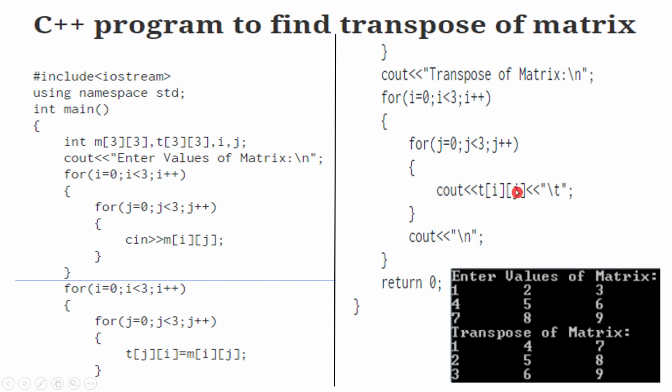That means t[i][j] is calling out. So whatever we saved in t[j][i], we just called out as t[i][j]. So the transpose will be printed out. Like 1, 2, 3 will come. 1, 2, 3 here is a row matrix. It will come as a column matrix, and 1, 4, 7 was a column matrix. It will come as a row matrix. This is the way to find the transpose of a matrix.